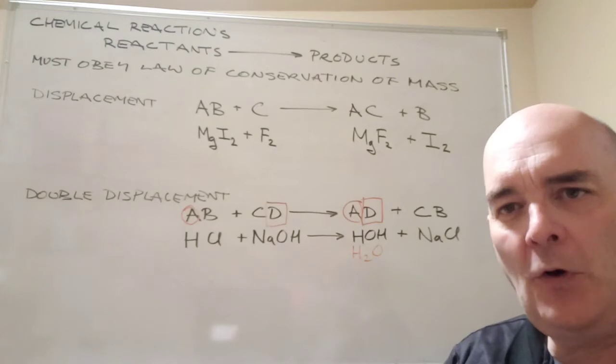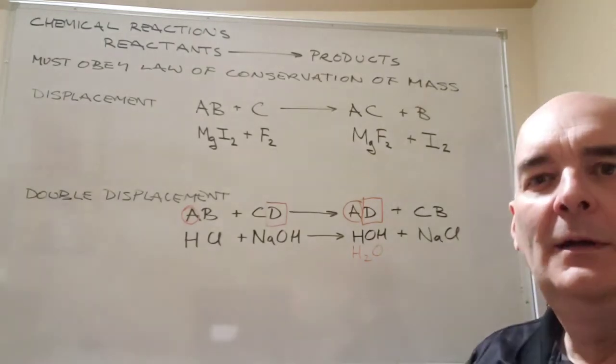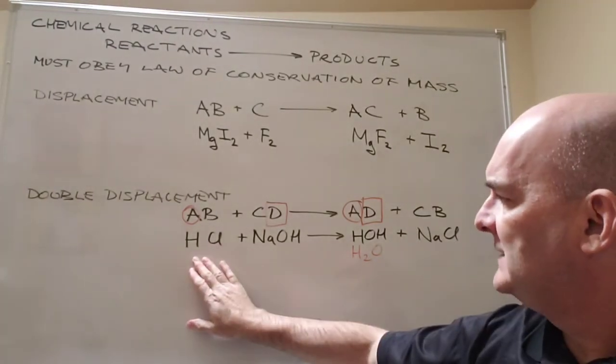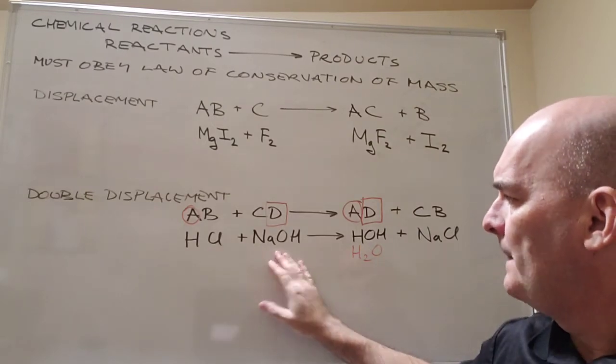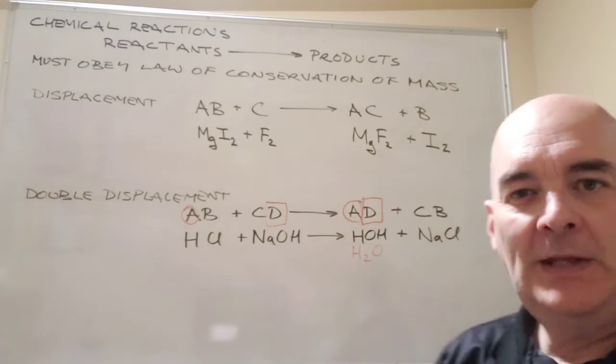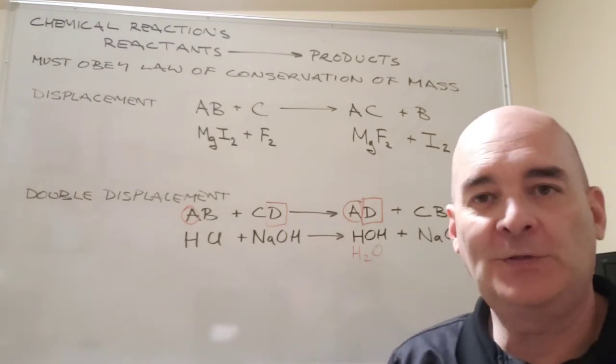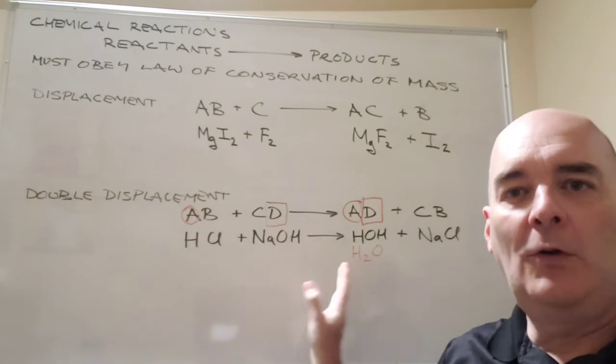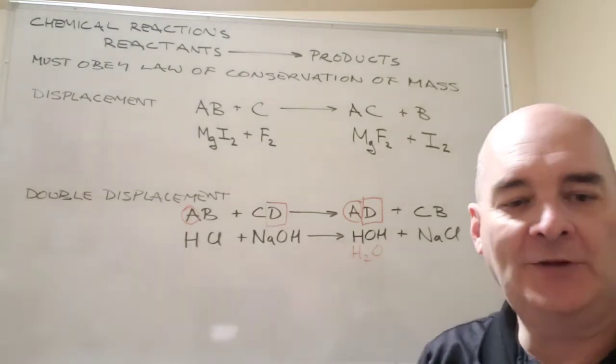This is the basis for all acid-base reactions, that an acid plus a base make water and salt. Every single time. Doesn't matter which acid and which base you put into combination, they all follow this reaction.